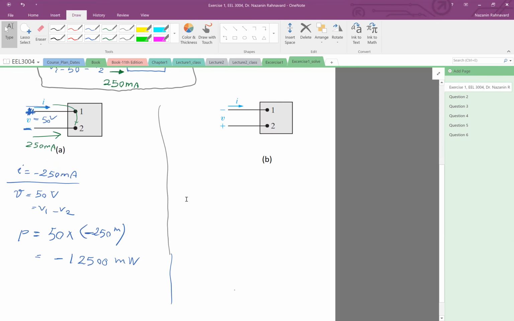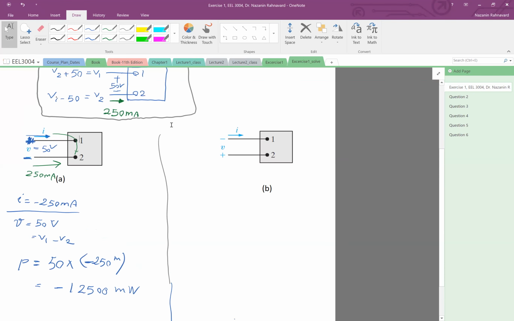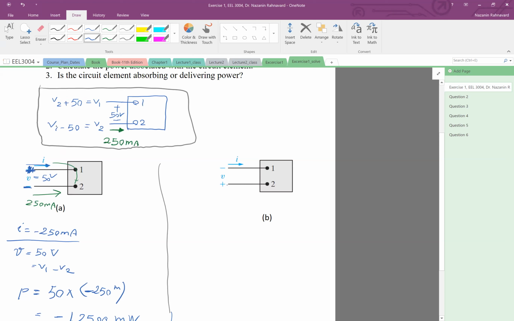Let's say another student picks this kind of references. So it's arbitrary. The reference is arbitrary. So V plus is here, meaning that the V in this case is defined as terminal 2 minus terminal 1. See what this plus and minus in this figure says? Terminal 2 minus terminal 1.